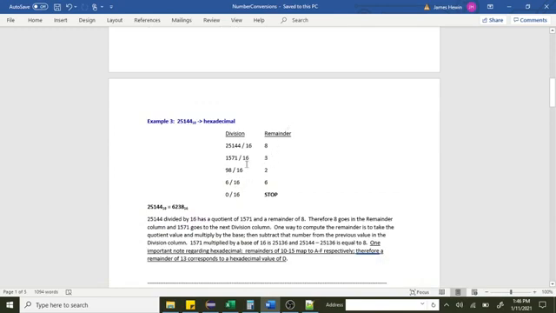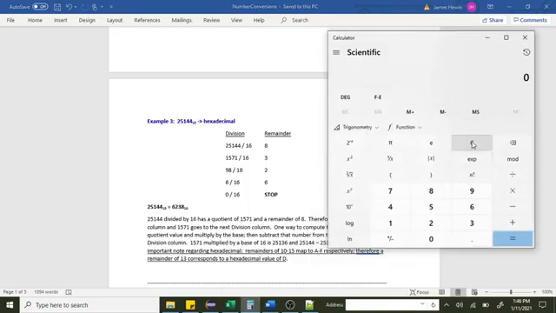And again, to calculate the remainder, if you use your calculator, 25144 divided by 16 gives me 1571. Well, what's the 0.5? If I take 1571 times 16, I get 25,136, and 25,144 is a difference of 8. So my remainder is 8.